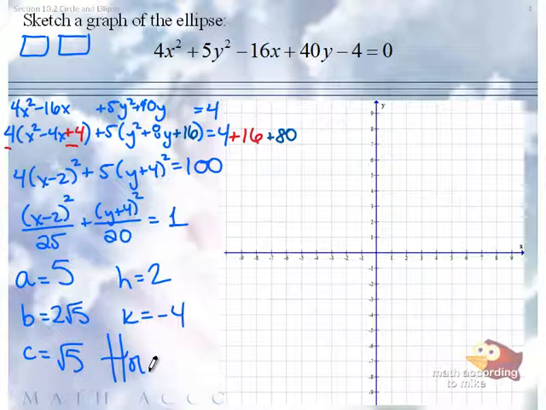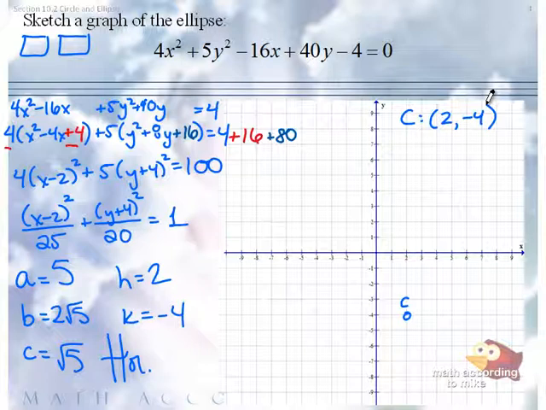So start with the center, 2, negative 4. Notice our a squared and b squared are relatively close to one another. They only differ by 5, which means our ellipse is going to look almost like a circle, because our a and b are really close to one another.